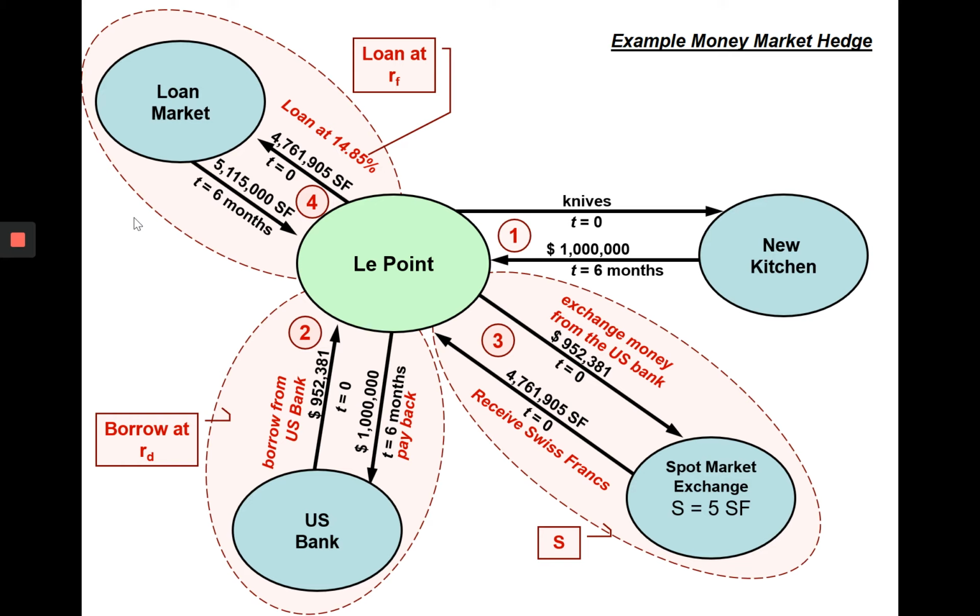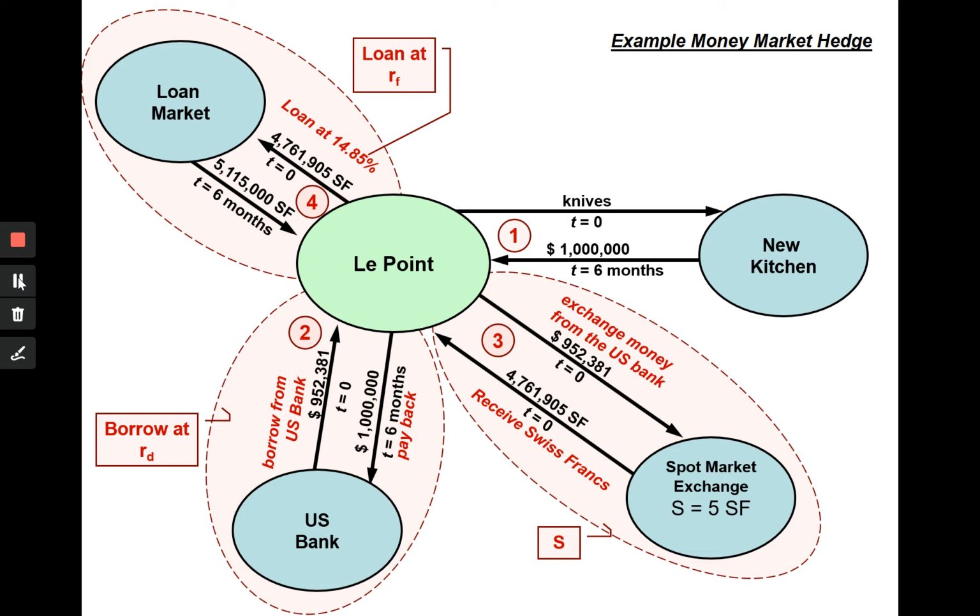This takes us back to the story of why the money market hedge and forward hedge give us the exact same payoff of 5,115,000 Swiss francs.